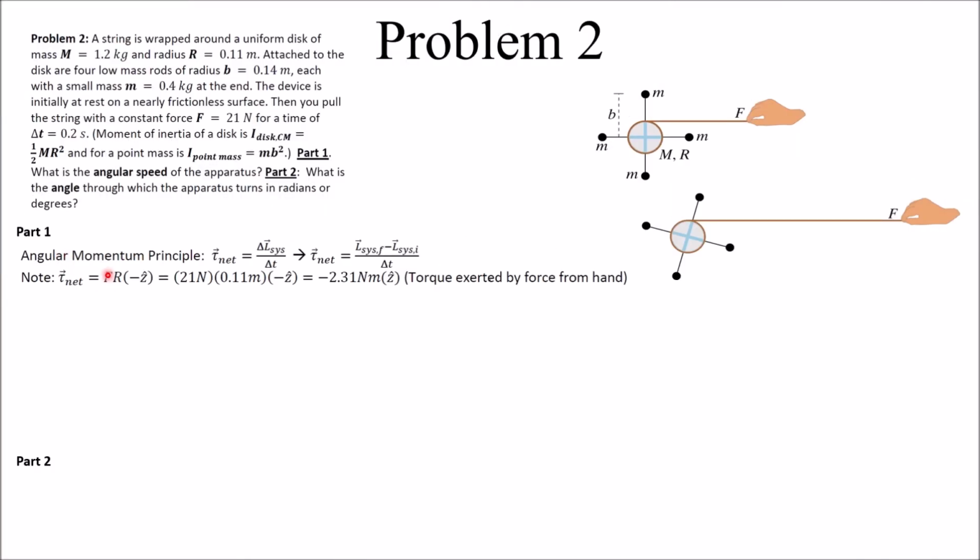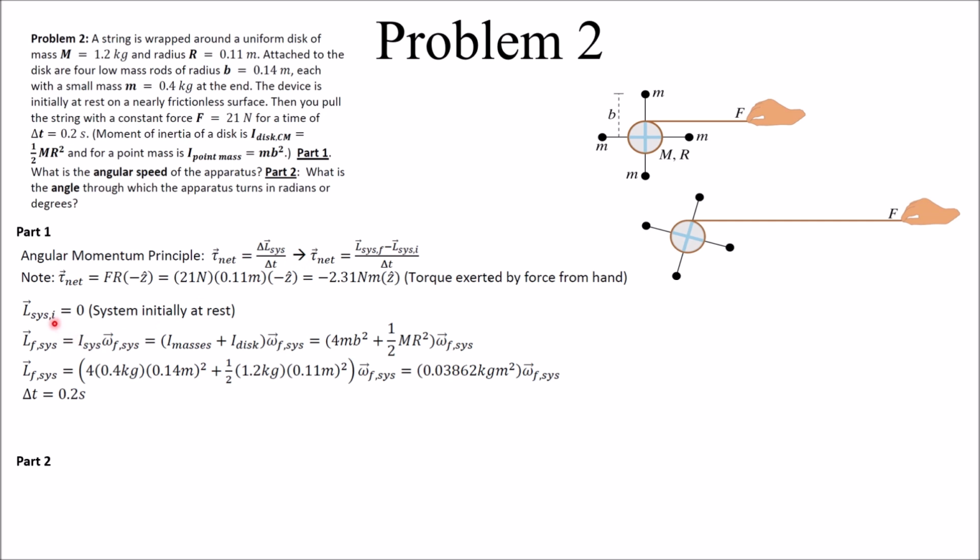For part one, here's the angular momentum principle. The net torque is a force acting at a certain radius away, so Fr, and that's causing clockwise motion, which is negative, so we have that negative sign. We set that equal to the change in angular momentum over time.